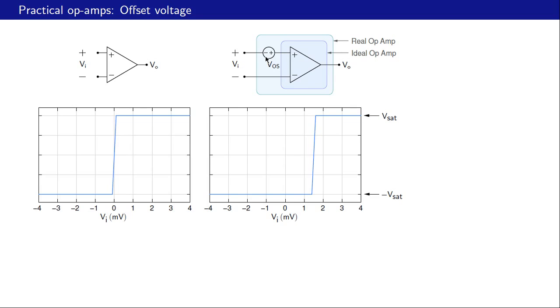Now this voltage source represents the effect of this offset voltage. It's called VOS. So this is the same model as we have been using, no offset, and the real op-amp is represented by this combined model.